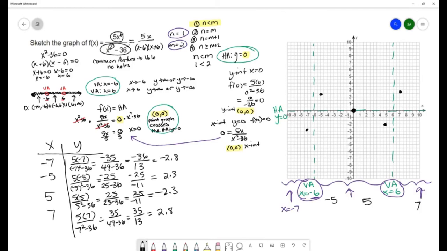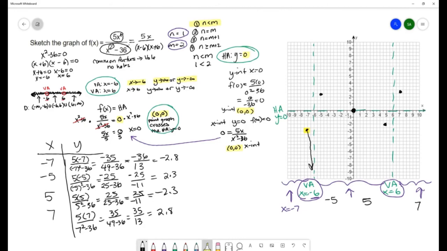Now, using my asymptotes as guides, remember the definition of our asymptote says that as x is approaching that asymptote, y will approach infinity or negative infinity. And now I know which one to choose based on where my point is. So that point that I plotted is in the negative, so I know that my graph will be approaching negative infinity.